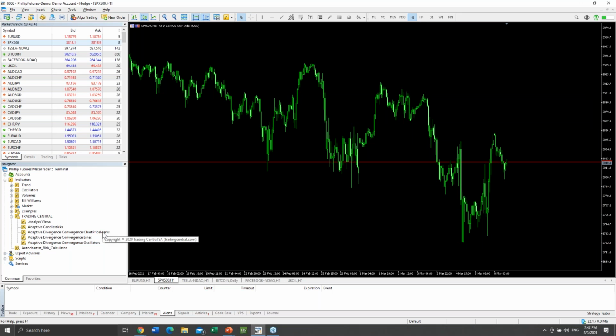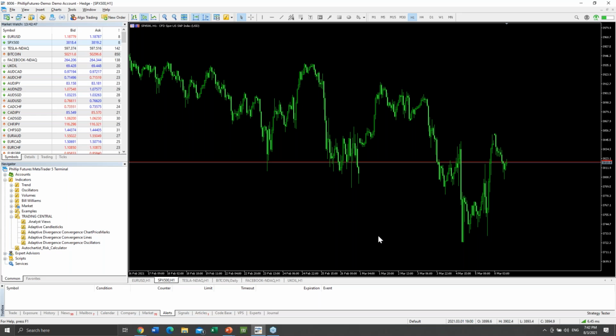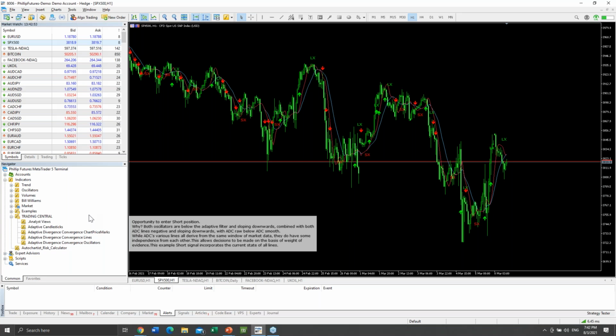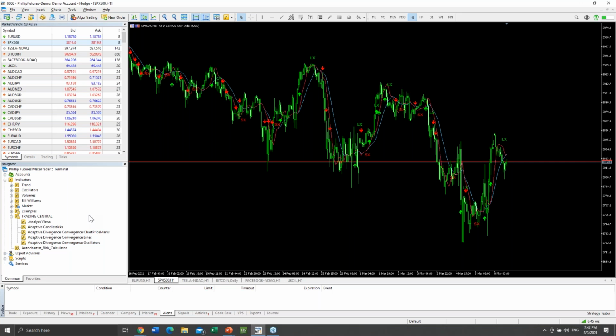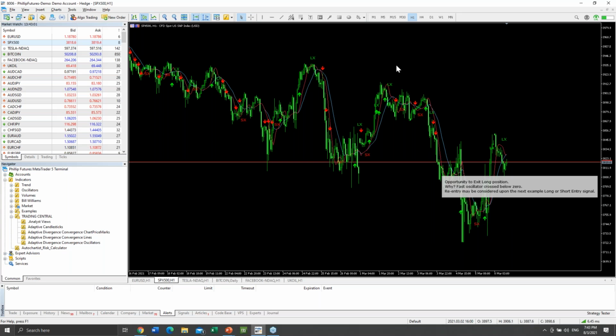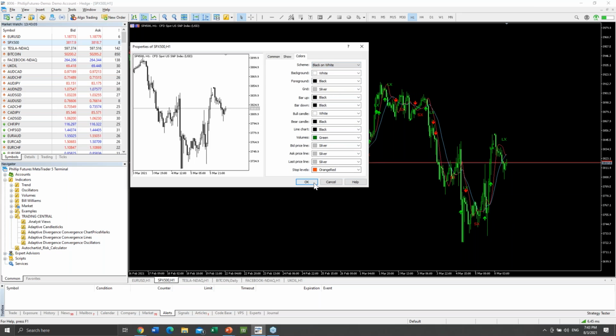Another powerful key feature we have is actually the price charts. This gives you an indication based on two indicators, the adaptive convergence divergence lines and the adaptive convergence divergence oscillator. So let me take back my previous settings so that you can see this together.